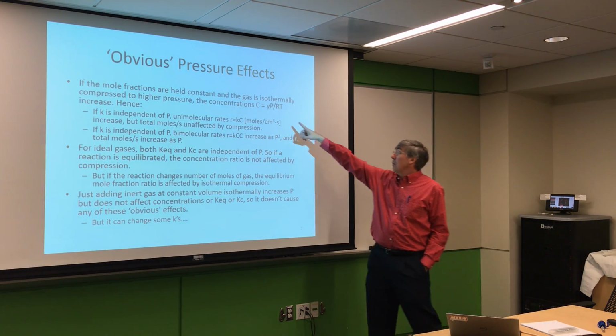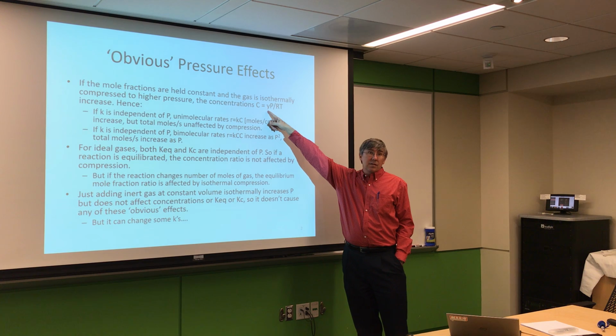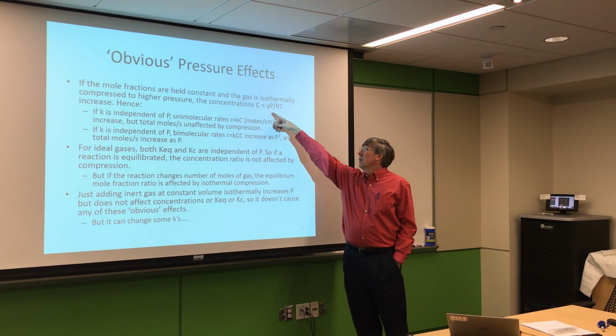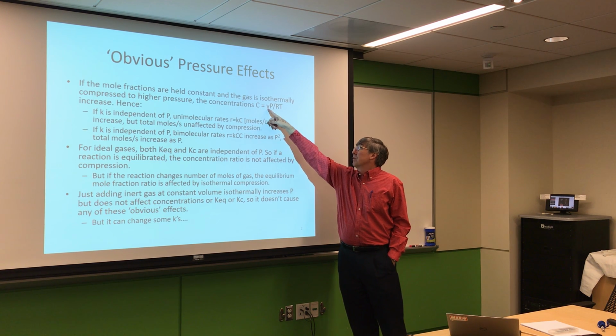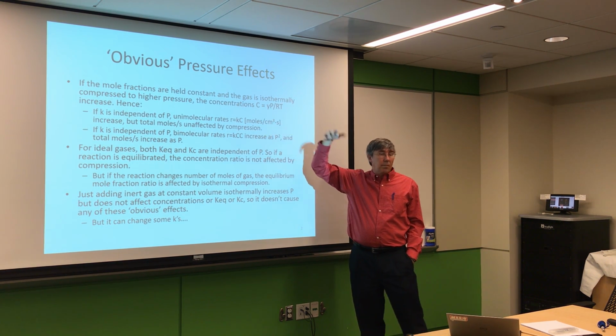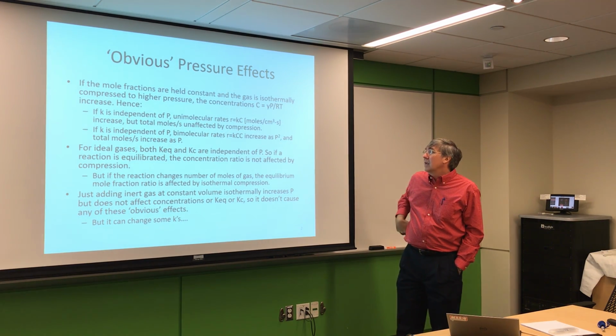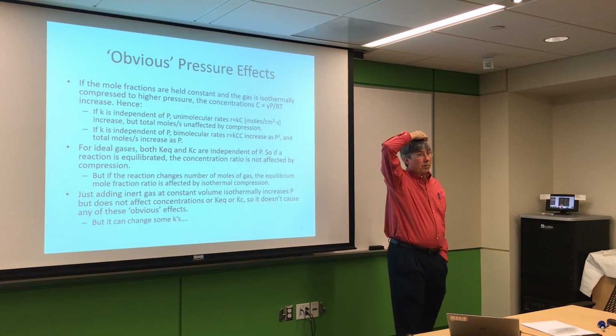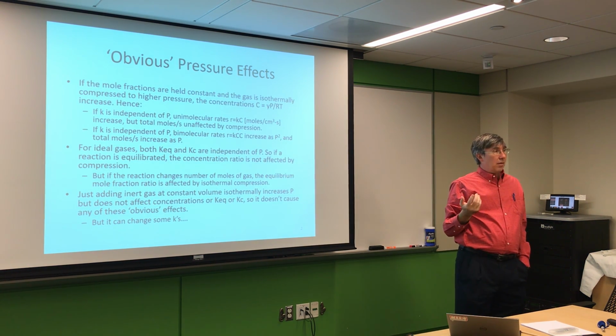So if you have constant mole fractions, like you would if you just set them close to a piston, then you can calculate the concentrations from the mole fractions, and the concentrations would go up. And if the rate coefficient was a number, and you increase the concentration, then for first order reactions the rates would all go up first power.